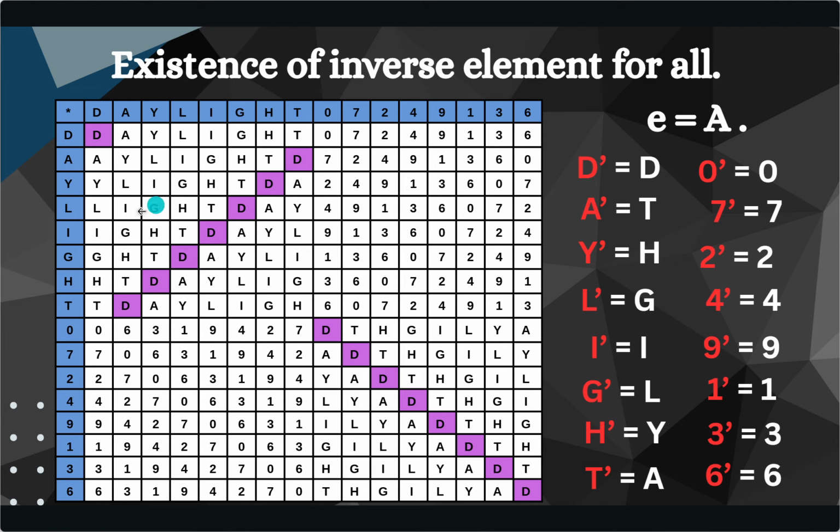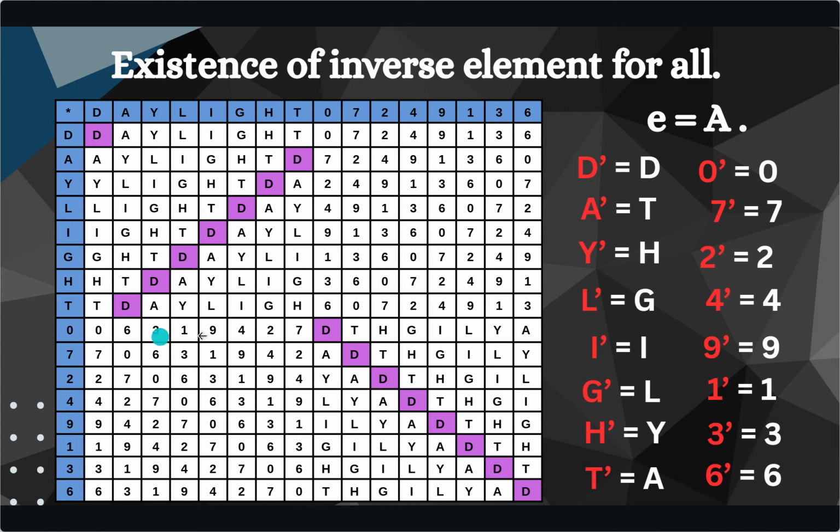So for Y, we have inverse H. The inverse of L is G. The inverse of I is I itself. The inverse of G is L. The inverse of H is Y. And the inverse of T is A.